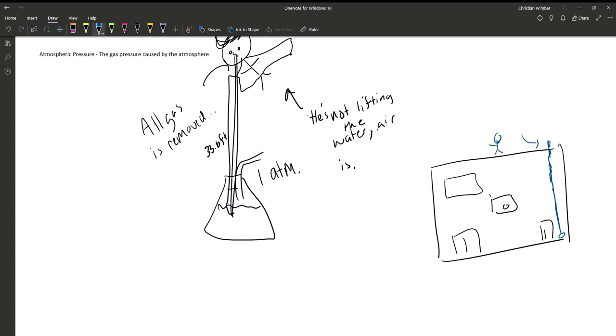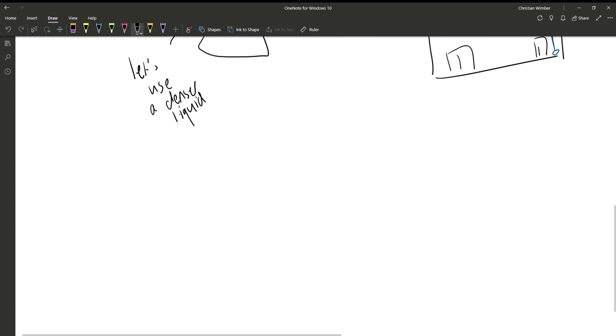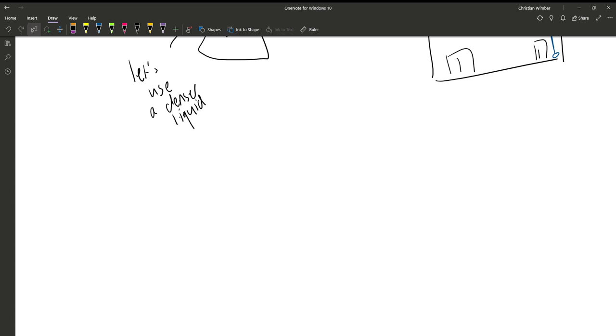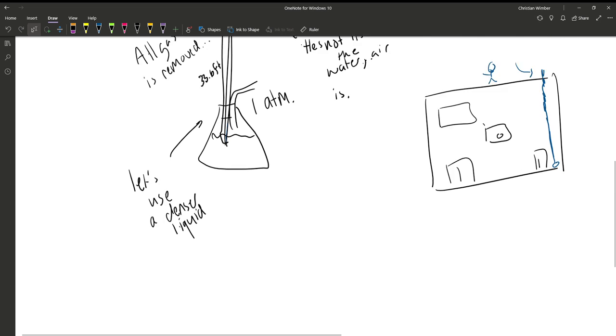So one way to do this is let's use a heavier liquid. Because if air can pick up 33.6 feet of water, well, let's use something heavier so we don't need 33.6 feet.